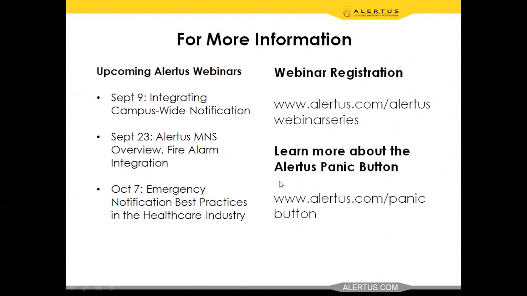Next question is from Mark. He asks, do the Alertus boxes offer different sounds depending on the message? Oh, absolutely. There's 8 different siren tones that you can control, that you can set per message. You can also control those from anywhere from loud, which is 108 decibels, all the way down through silent.